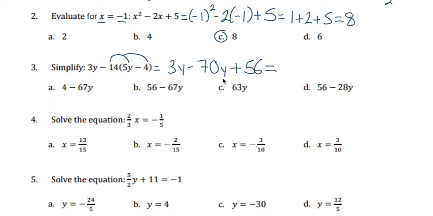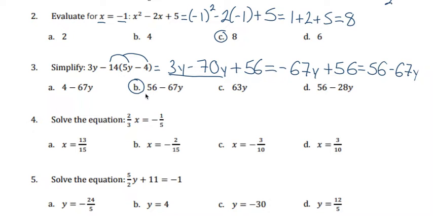We can combine like terms. 3y minus 70y will be -67y plus 56. And we can rewrite this backwards, 56 minus 67y, which will be answer choice B.